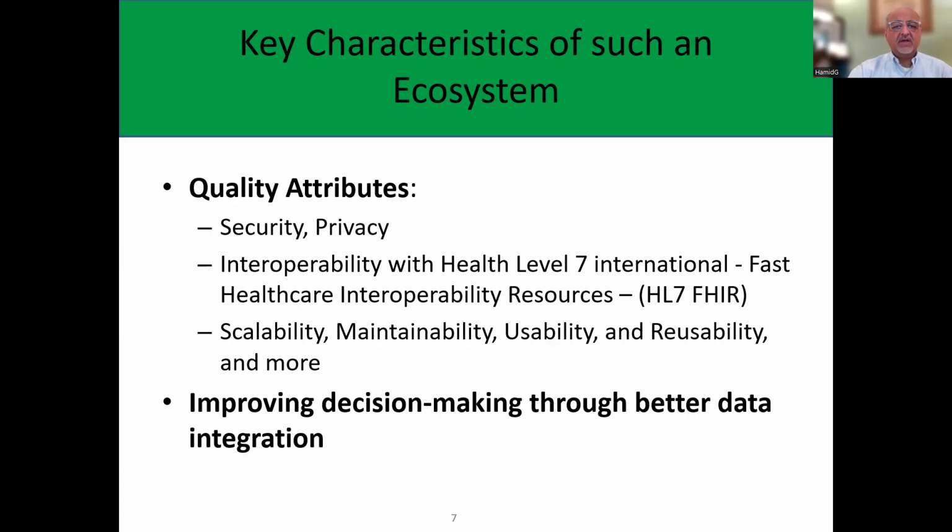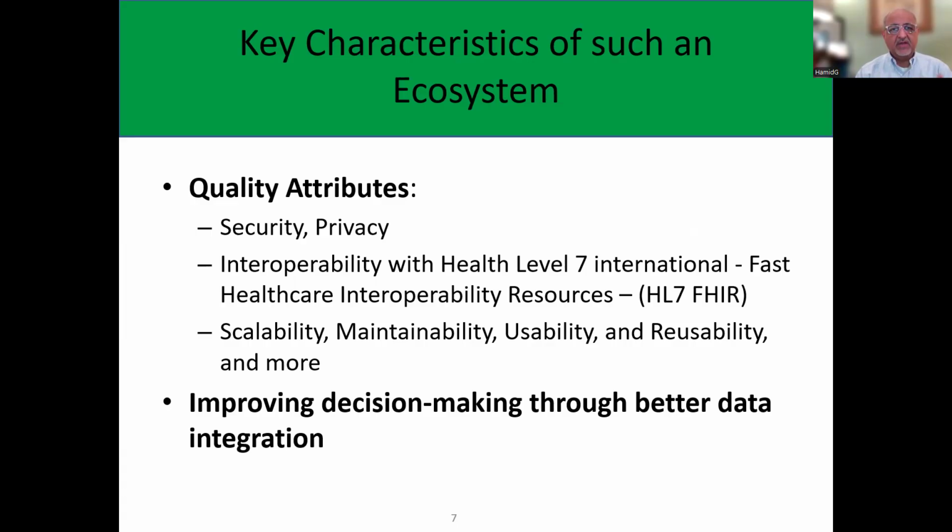And like any other system, interoperability, scalability, being able to scale and maintain the system, and usability: what are the interfaces to the UI, how can a patient have access to it, how could the medical centers have access to it?